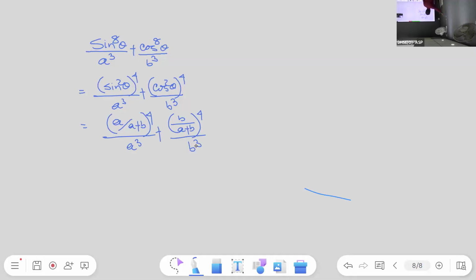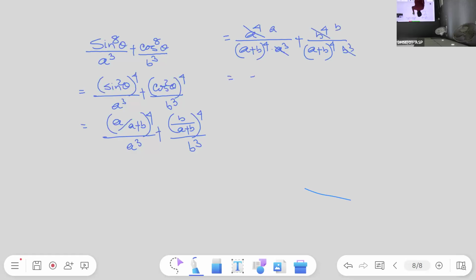This is equal to a to the power 4 upon (a plus b) to the power 4 into a cube, plus b to the power 4 upon (a plus b) to the power 4 into b cube. So a cancels with a cube, leaving a, and b cancels with b cube, leaving b.